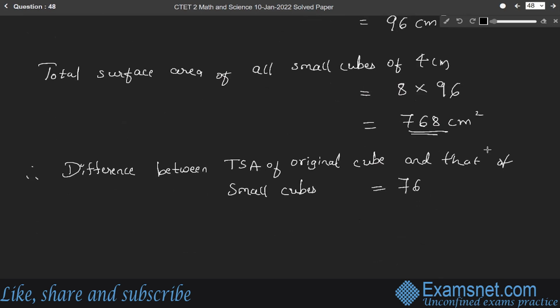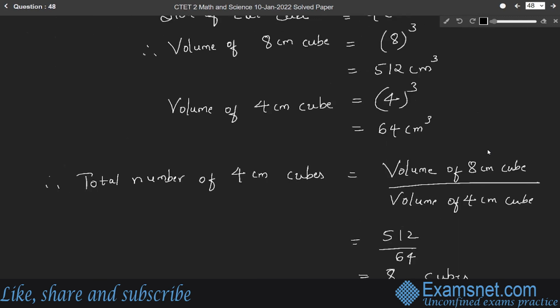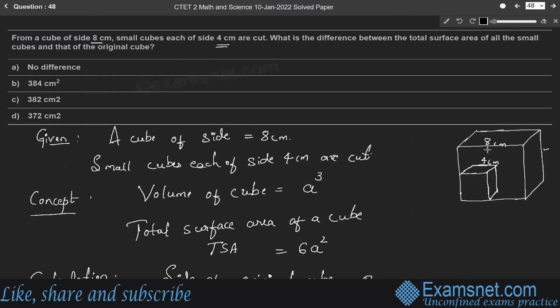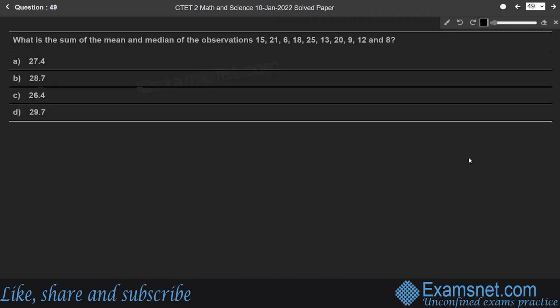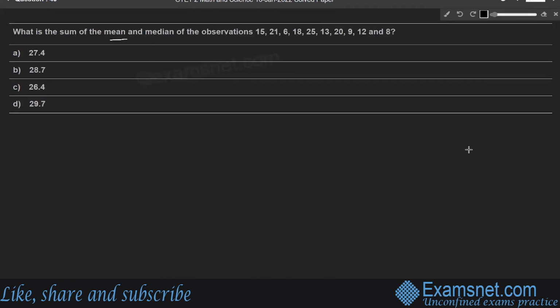So 768 minus 384, which is again 384 centimeters square. Therefore, the correct answer is option B.